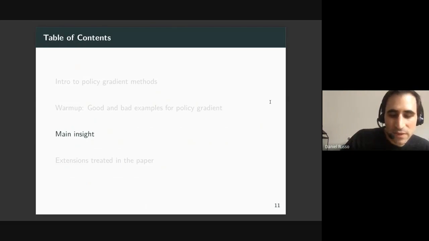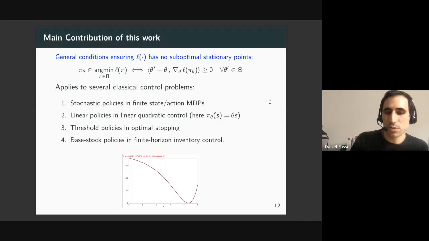So with that as motivation, I want to bring you to the main insight and contribution of this work. The main contribution is going to be a set of general conditions that ensure the loss function L has no suboptimal stationary points.